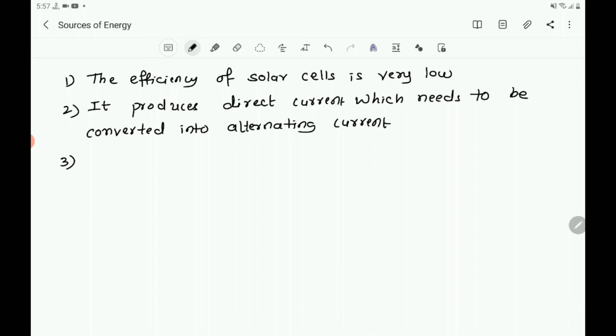Next, the cost of installation of solar cells is very high.